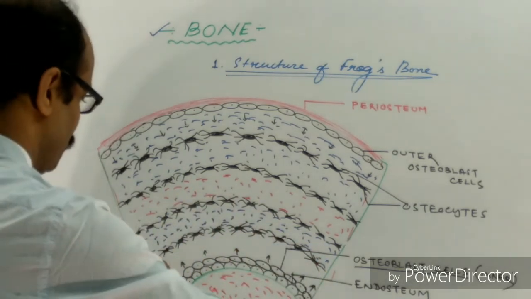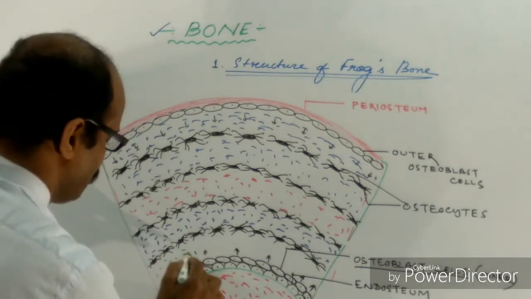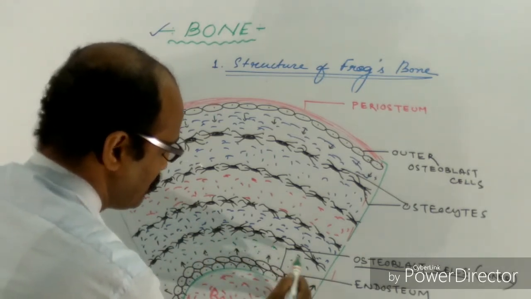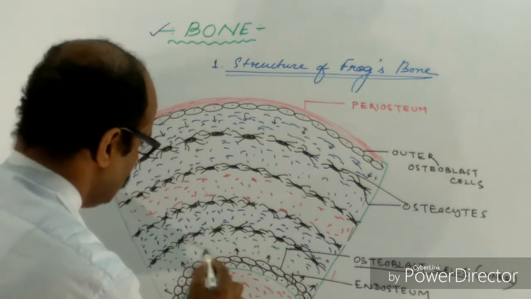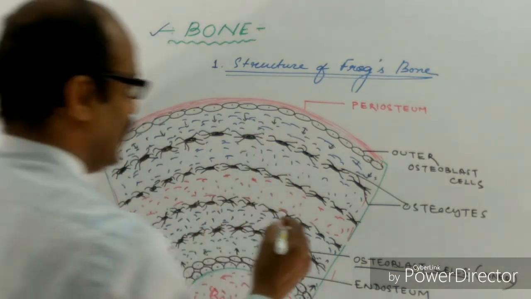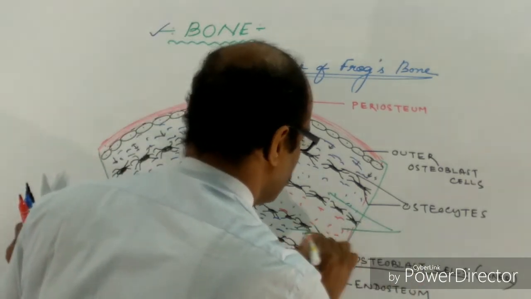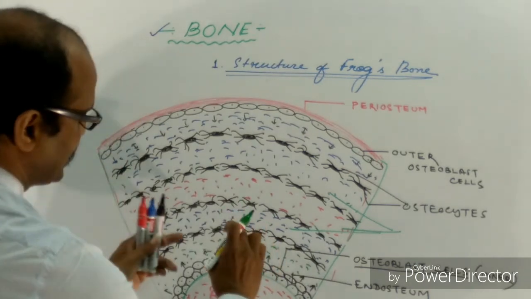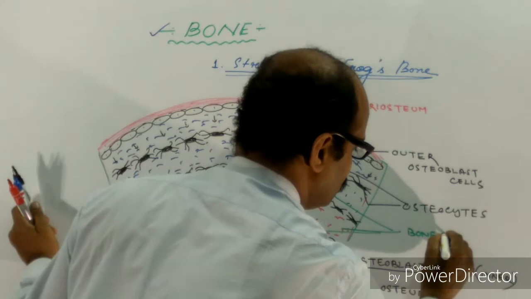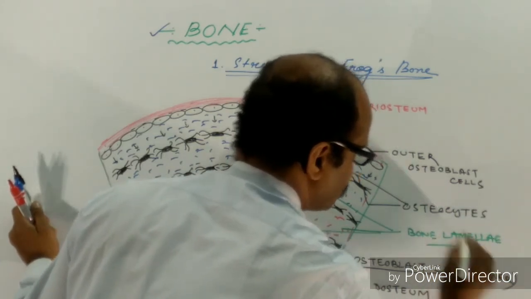And suppose that this is another plate of the matrix, and these plates of matrix are known as the lamella, singular lamella and plural lamellae. So these are the lamellae, or the matrix plates. This is known as the bone lamellae.